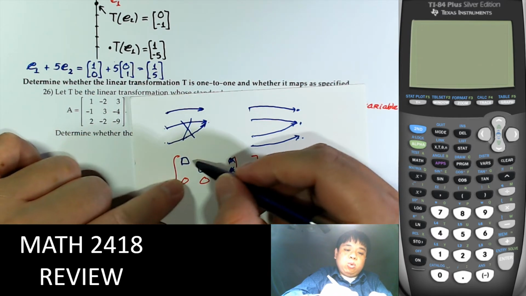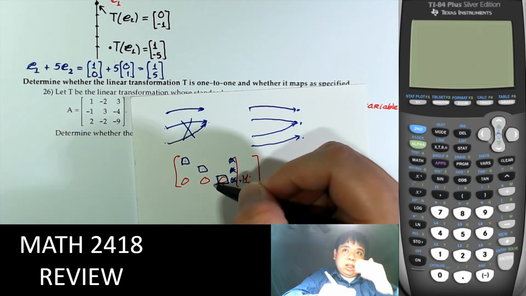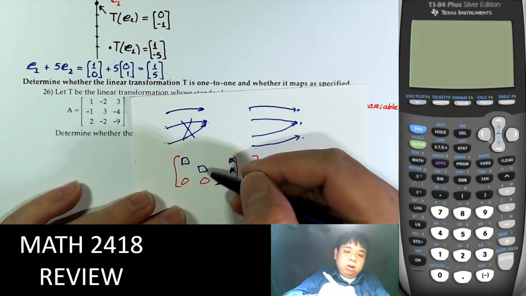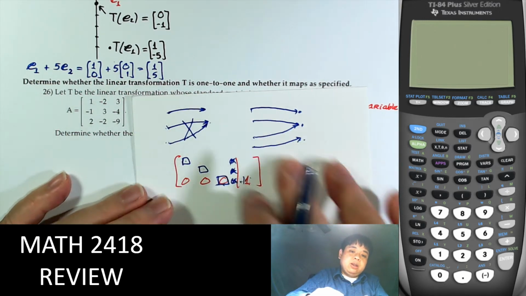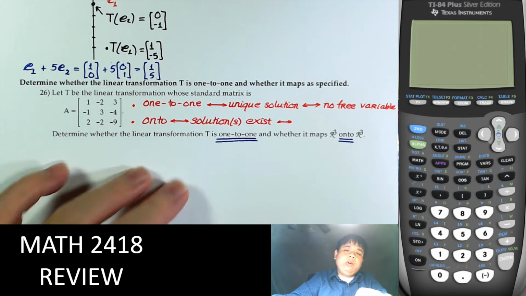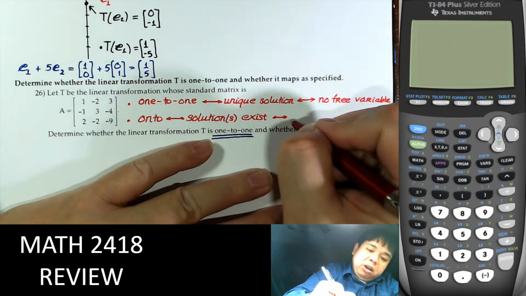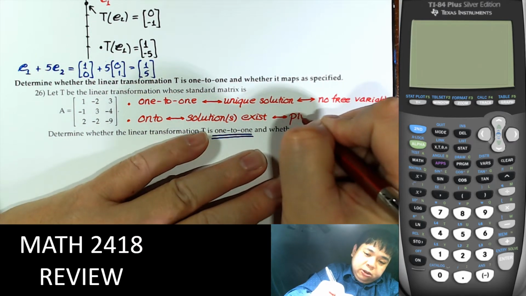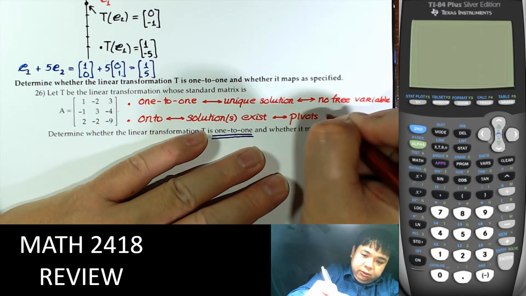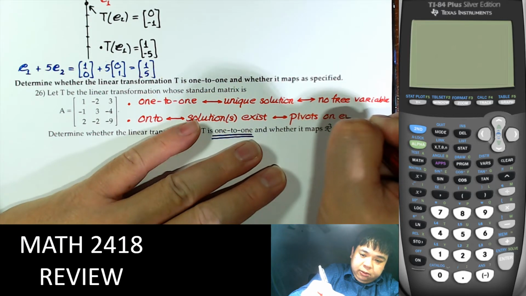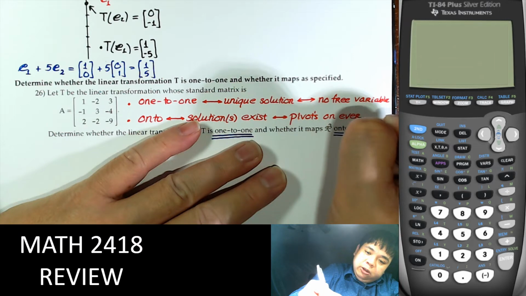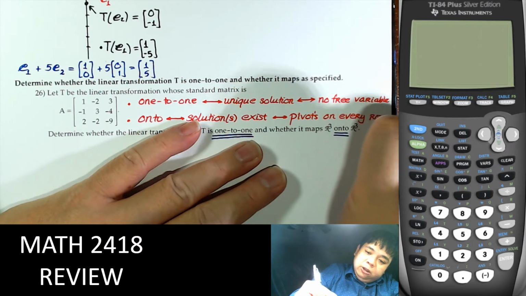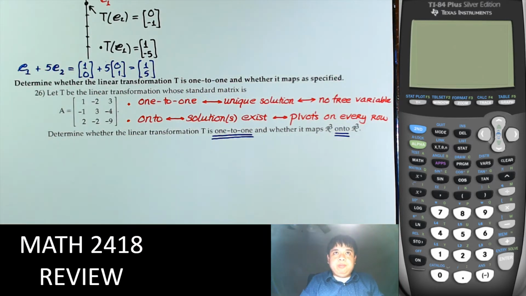But as long as we have the pivot on every row, particularly in the last row, then the pivot cannot be in the last column when we have the system of equations. So in this case, the equivalent condition to that is the pivot on every row. The pivot is on every row. So that's what we're looking for.